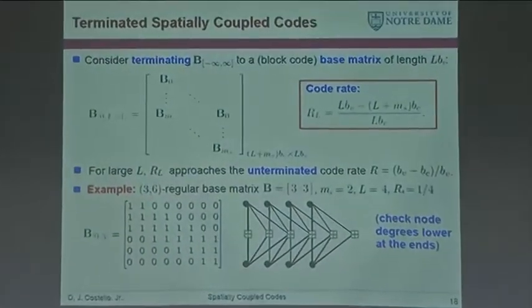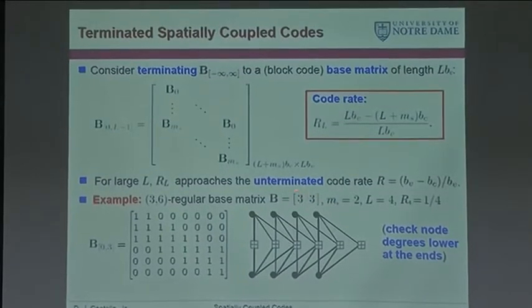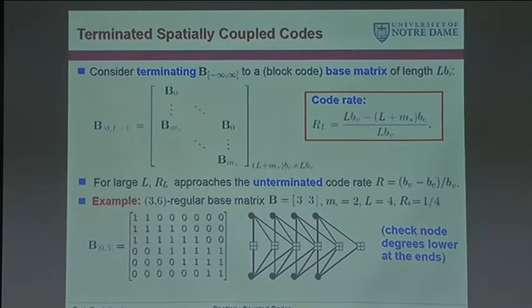So for example, take a 3/6 regular code, the same example with this base matrix and the same edge spreading. The matrix, remember, had 6 ones in each row, and it just repeated forever. Now, if we terminated it quickly with L equal to 4, we'd get a little convolutional protograph like this. The rate here would actually drop all the way to 1/4 if L is equal to 4, because L is just twice the memory in this case.